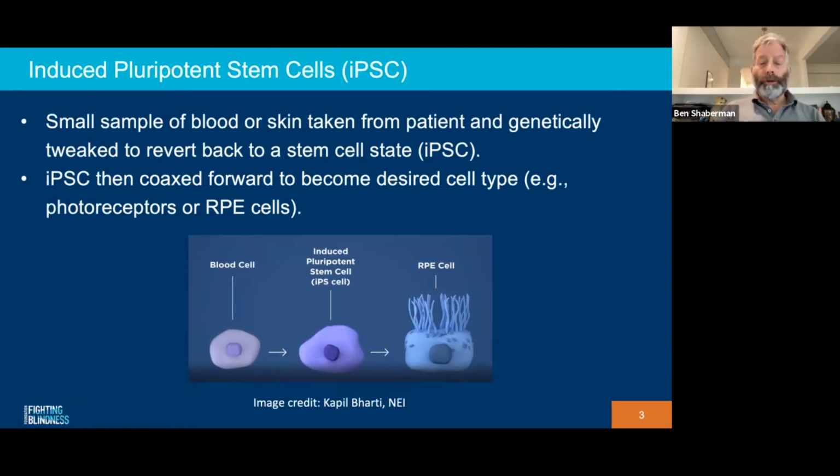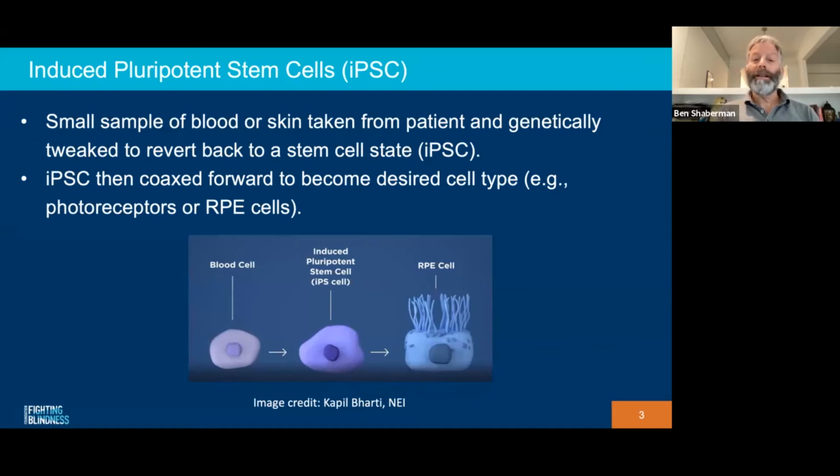So induced pluripotent stem cells are derived from a small sample of mature blood or skin taken from an adult. So again, mature blood or skin. And what researchers do is they genetically tweak these cells so they revert back to a stem cell-like state.